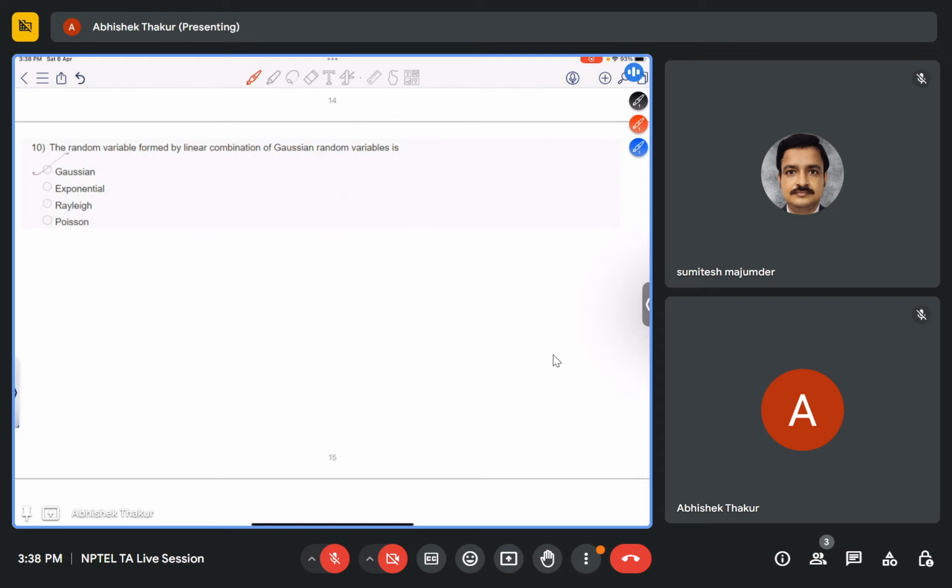This we have already studied in the lecture: a random variable formed by the linear combination of Gaussian random variables is always Gaussian. Now we will take some questions from GATE, as we did in the last lecture also.